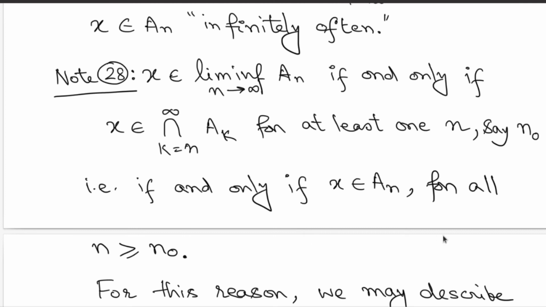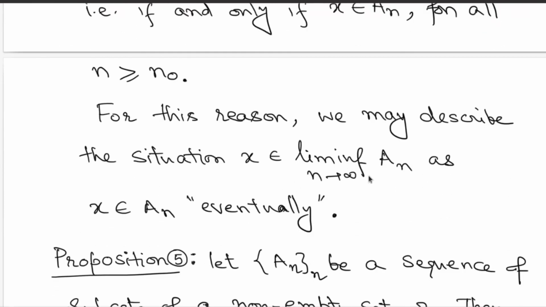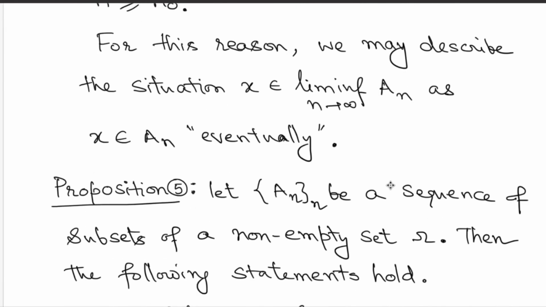So for this reason, we may describe this situation that x belongs to limit inferior of An's as x belongs to An eventually. That means there exists a stage n naught such that after that stage x always belongs to the An's. So that gives you some very nice interpretations of limit superior and limit inferior.